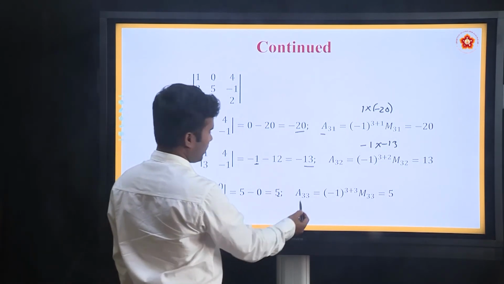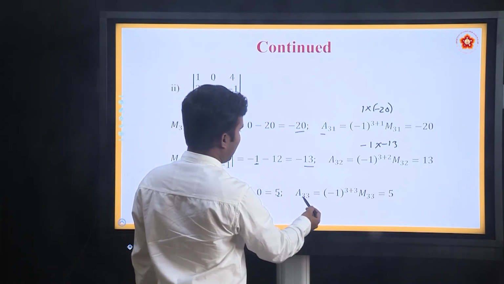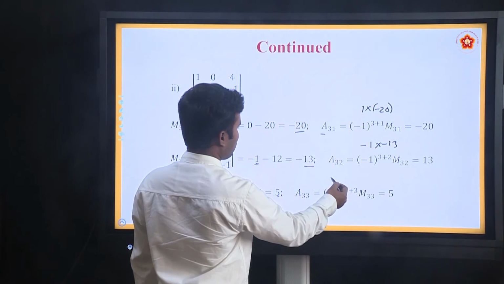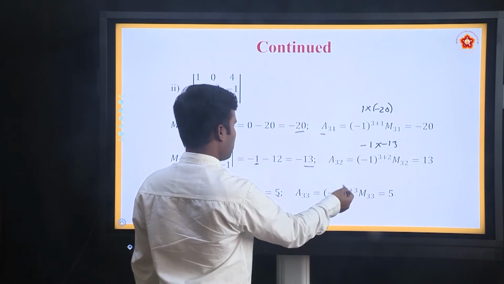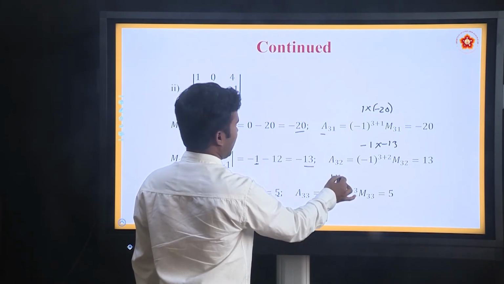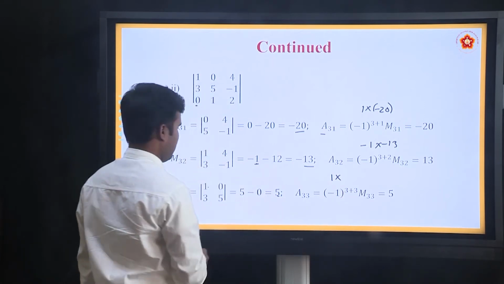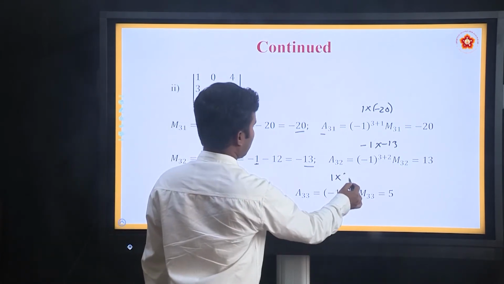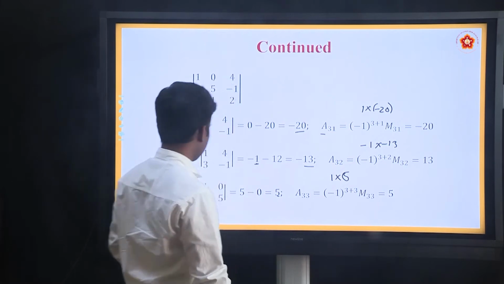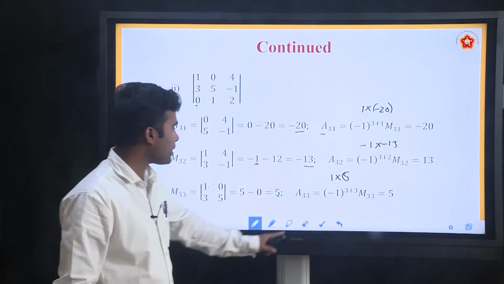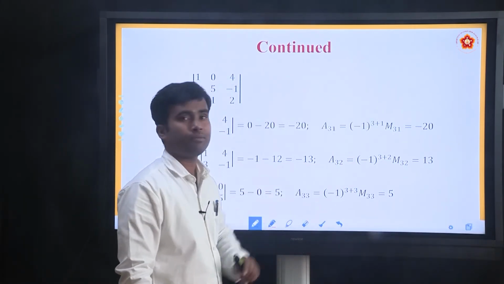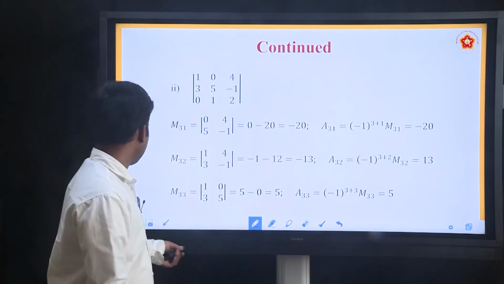That is the minor, and the corresponding cofactor A33 is equal to minus 1 to the power 3 plus 3, which is minus 1 to the power 6, which is 1, into M33, which is 5. So 1 into 5 is 5. This is how we can find the minors and cofactors of a given determinant.